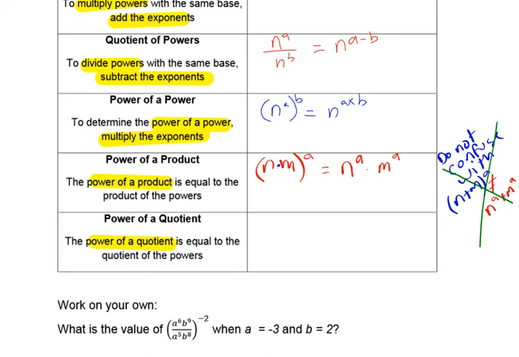So this would be n over m to the a, n to the a over m to the a. Okay, so take a couple minutes, pause here, go through, try to plug those in, see what you come up with, and then check and see if you get the same as what we do.